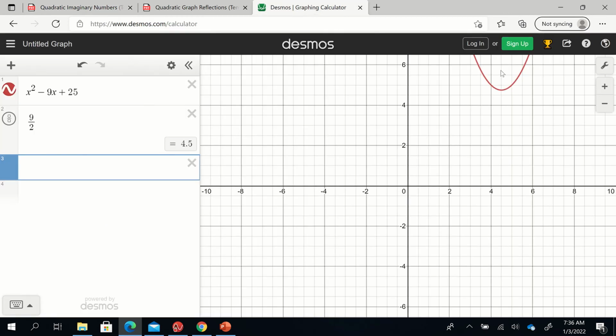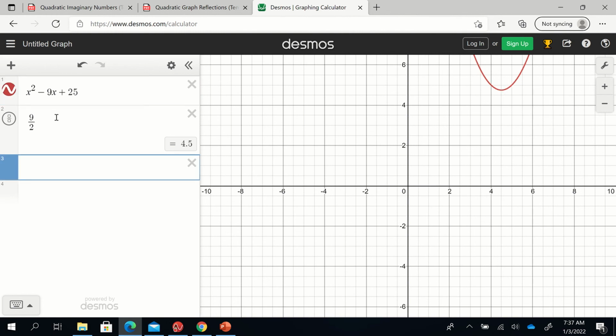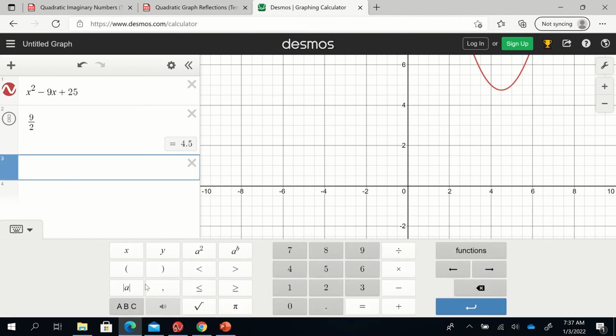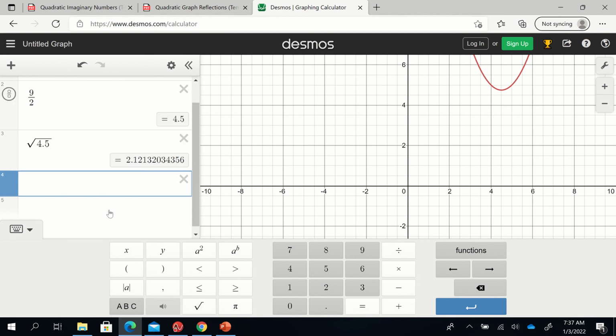Now, that's the first part. The other part of the vertex, which I have to go back here so I can get it, is 4.75. Now, what I have to do there is take the square root of that number. So if you don't know how to get square root, it's here, keyboard, square root, 4.75. It's giving me that number, which is 2.18, blah, blah, blah.